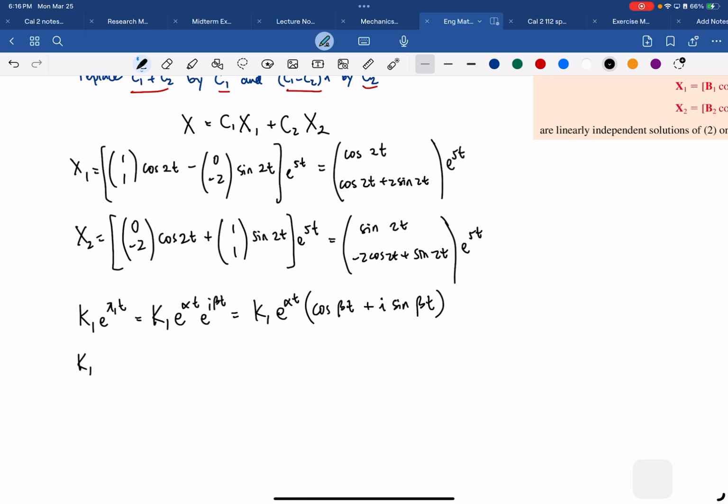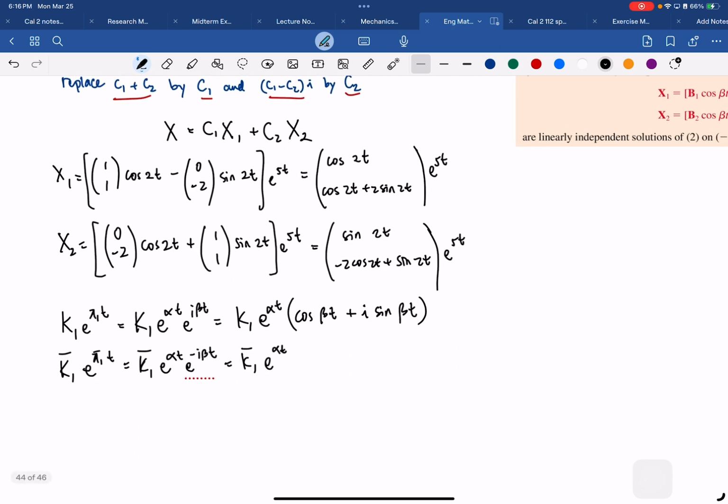And then the conjugates, let me write the same thing with the bar on K and the eigenvalue. This will be all the same, but the difference is the beta will be negative beta. And then this will be cosine beta plus or minus i sine beta.